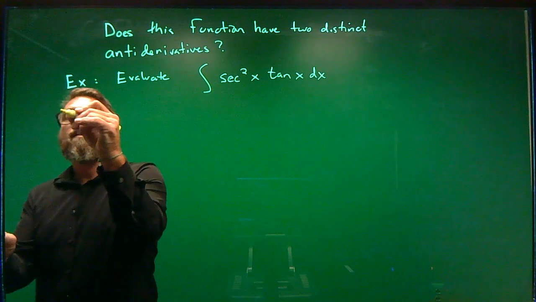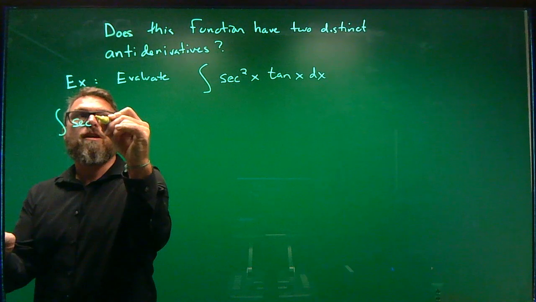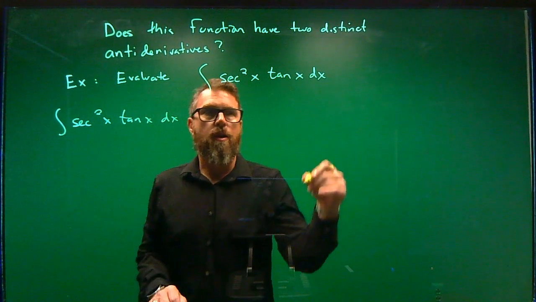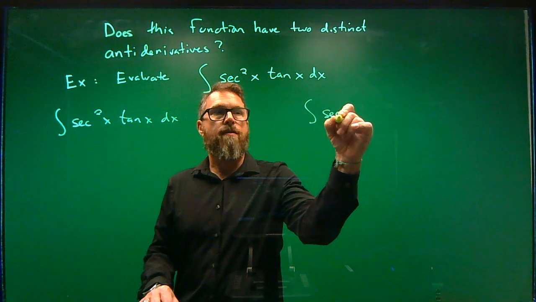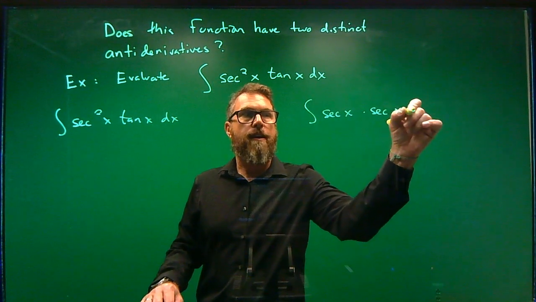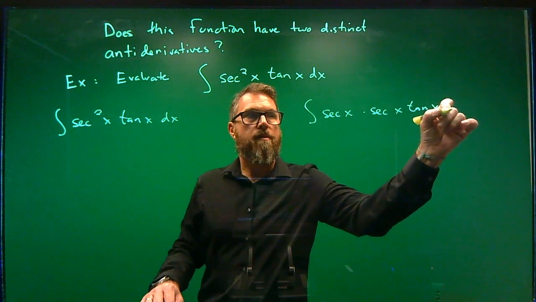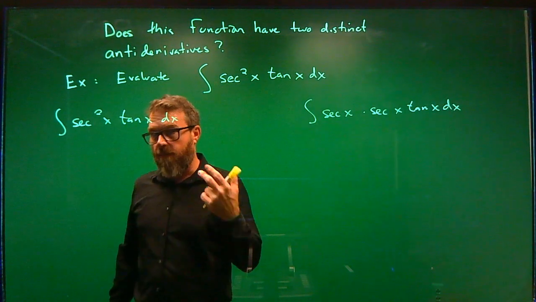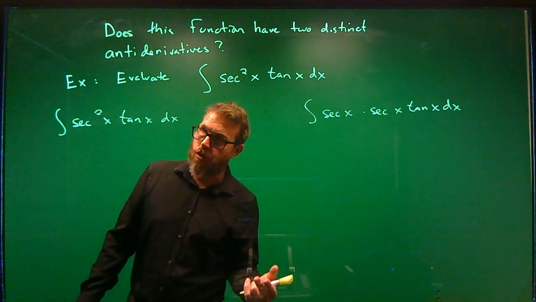So let's start out with the original setup, the secant squared of x times the tangent of x dx. I also want to write this as the integral of the secant of x times the secant of x tangent of x dx. Okay, so I've set it up in this form. What we need is a function that is differentiable and a function that is integrable.